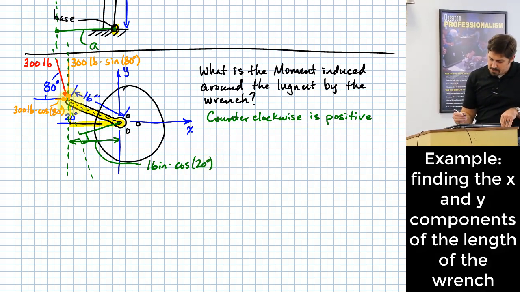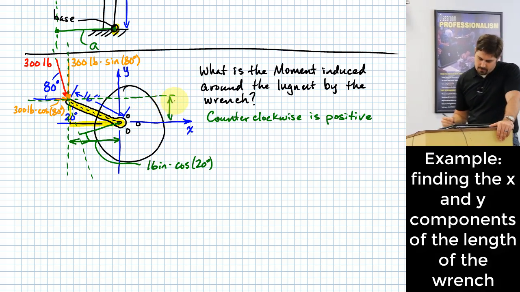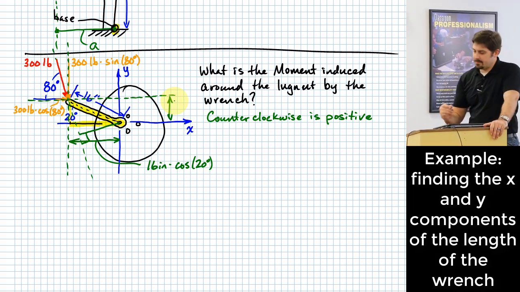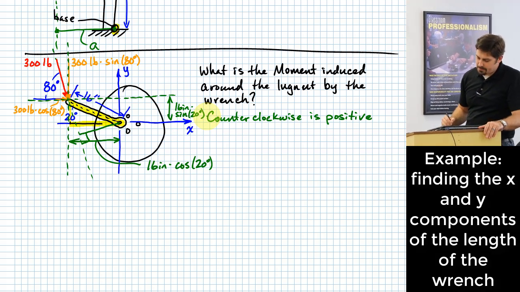Now, can I do something similar for the horizontal component? It has a line of action that acts right here. How far is that? Okay, 16 inches times the sine of 20 degrees.